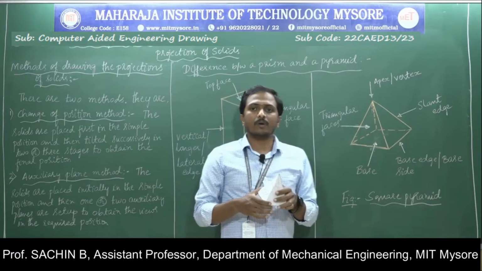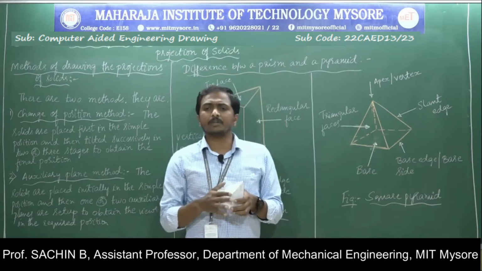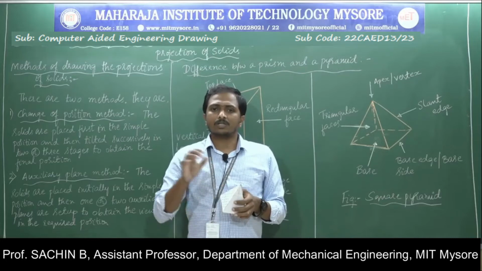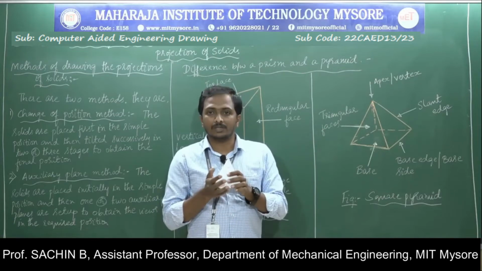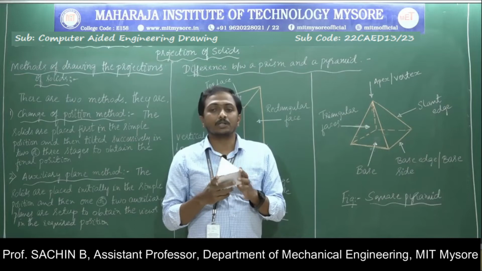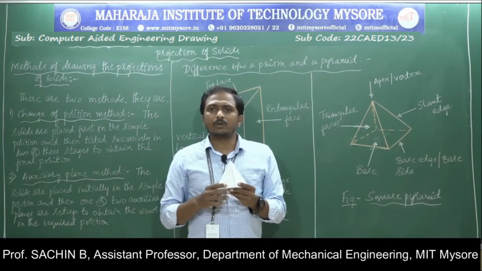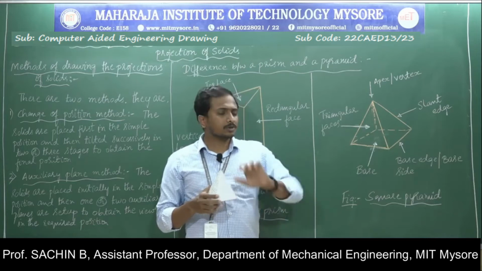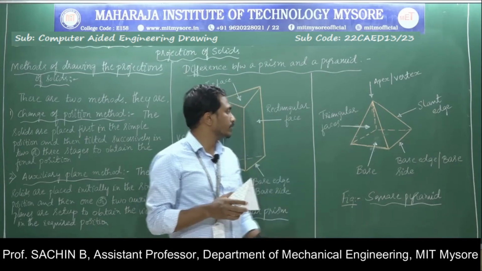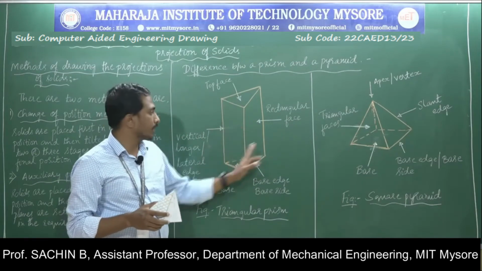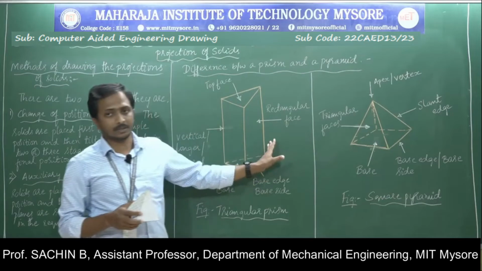And one more thing, while differentiating between the edge and the corner, in many of the problems they are going to ask you to construct the object resting on its edge, or construct the object resting on its corner. During that time many students commit mistakes. To overcome those problems, you can clearly observe the edges present over here, in any diagram, whether it is a pyramid or a prism.